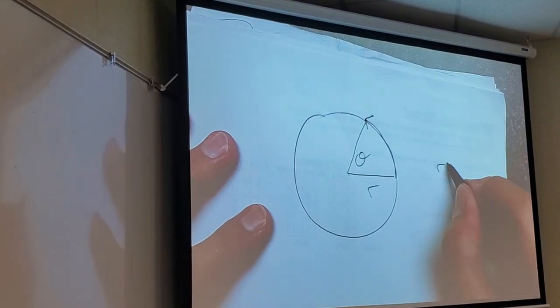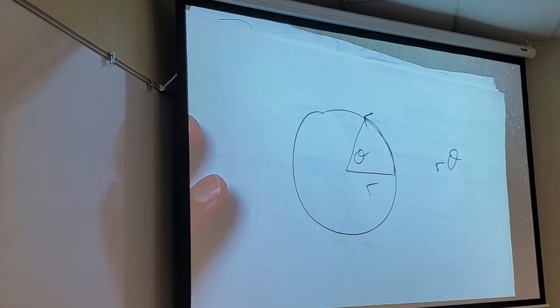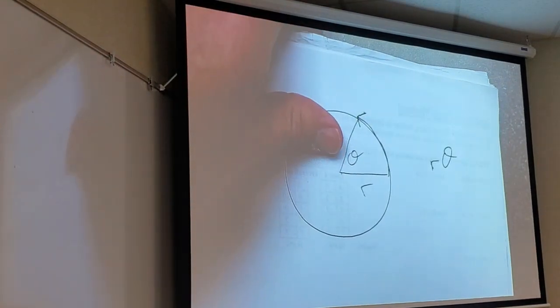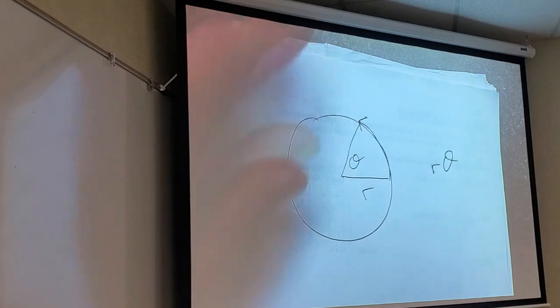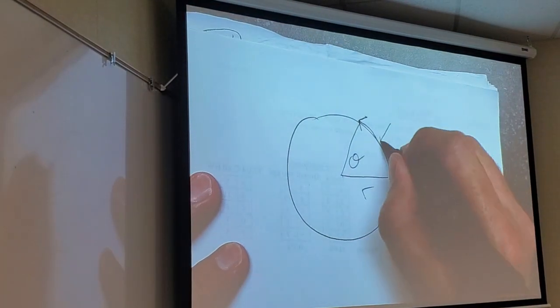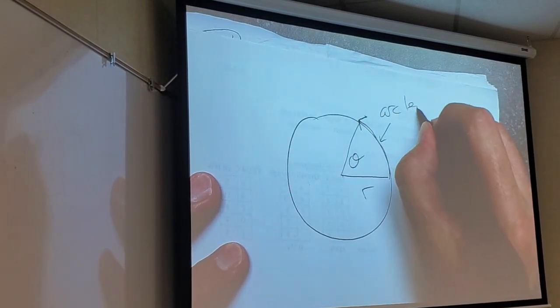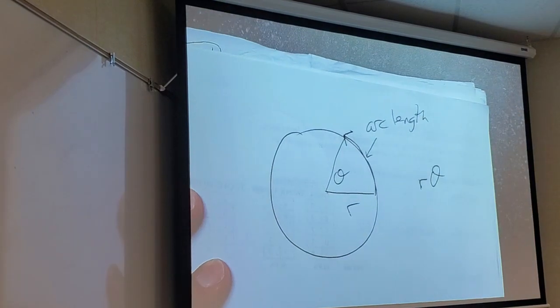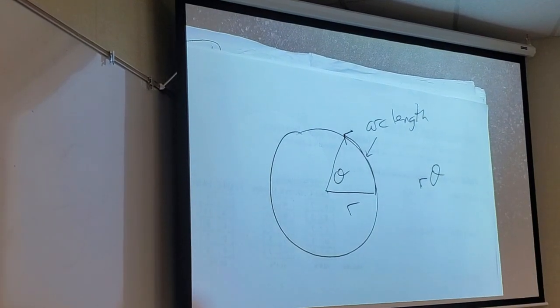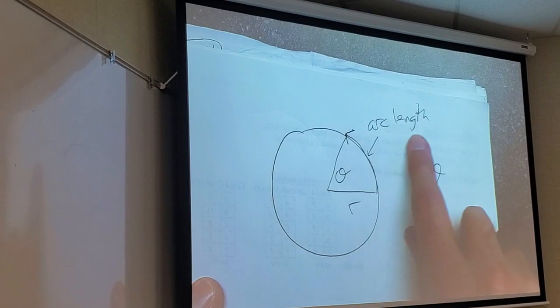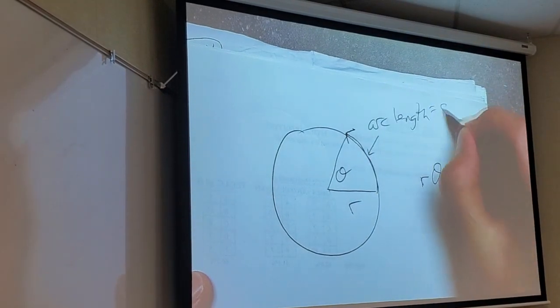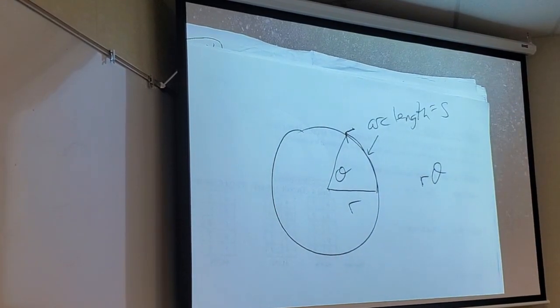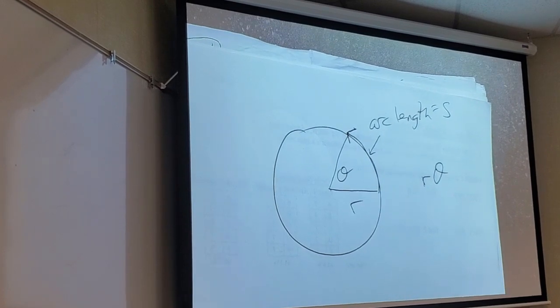You took the radius times the angle, didn't you? That's exactly what you guys did. The name of this is arc length. That makes sense. And of course, since there's no s anywhere in there, we're going to give this the variable s. That was a joke. There's a reason it's given the letter s.